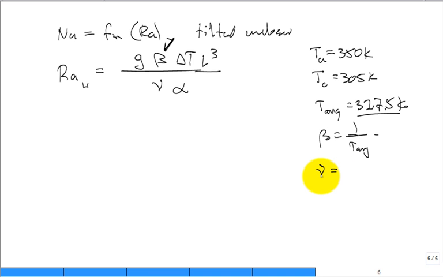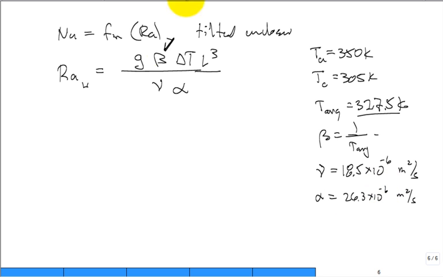The value for nu comes in at 18.5 times 10 to the minus 6. Do you remember the units on nu? SI units? Yeah, meters squared per second. And then alpha, well, that's calculated to be 26.3 times 10 to the minus 6 meters squared per second.